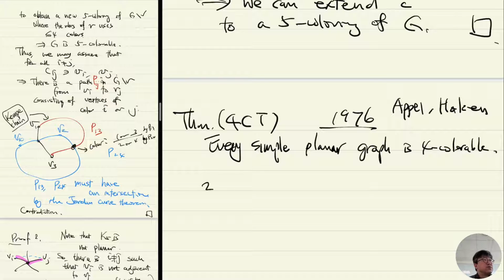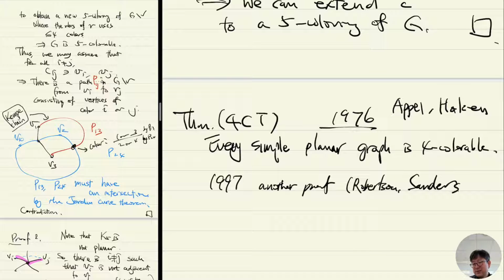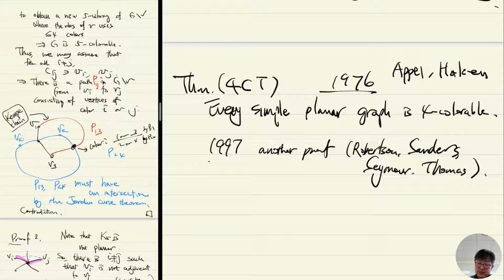And later, in 1997, there's another proof, slightly simpler, by Robertson, Sanders, Seymour, and Thomas. Both proofs use computers crucially.